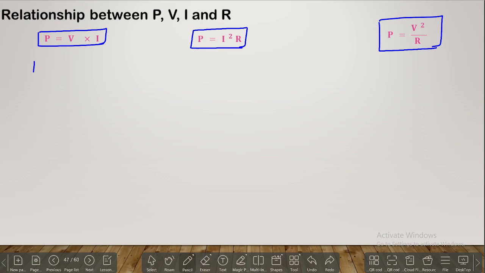How do we obtain these equations? Power is equal to energy consumed by time taken.